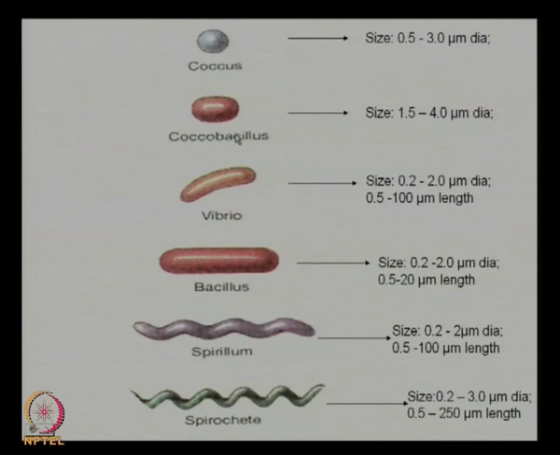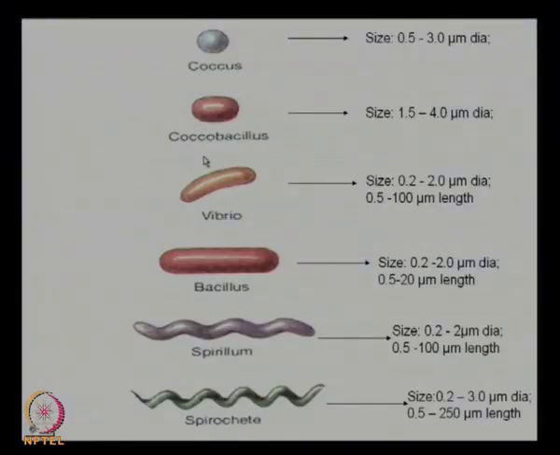Some are comma shaped. Some of these bacteria are neither round nor rod, but oval shaped, and based on this we can categorize the entire bacterial world into different segments.